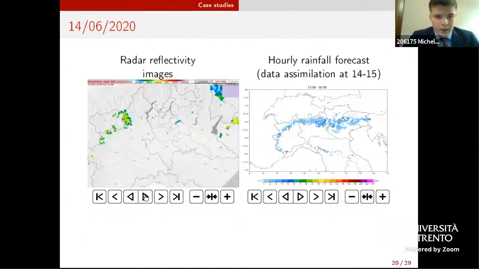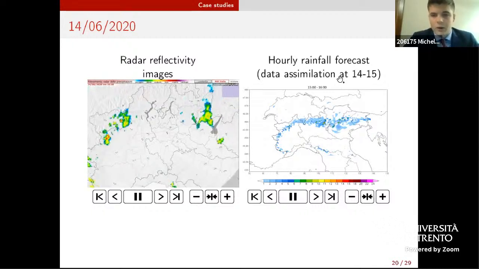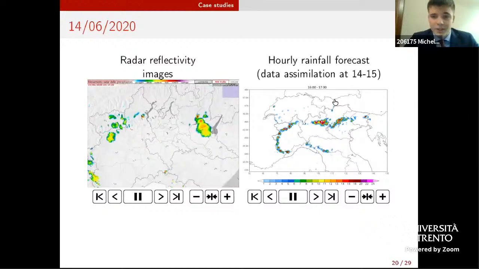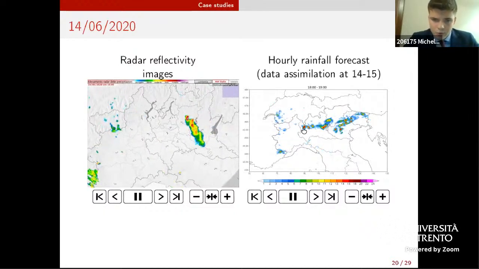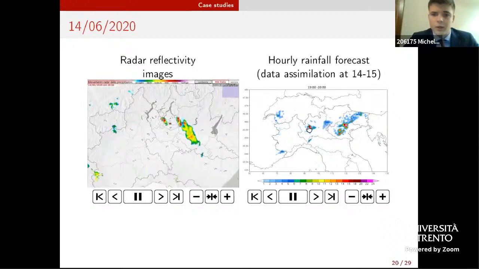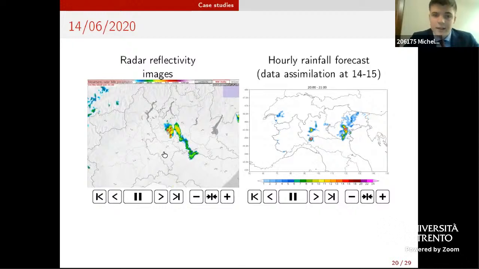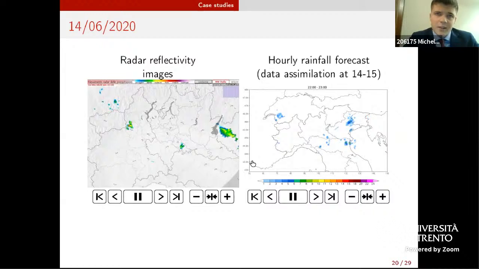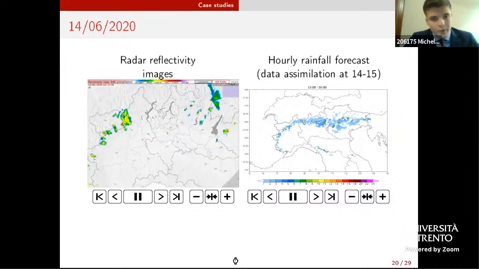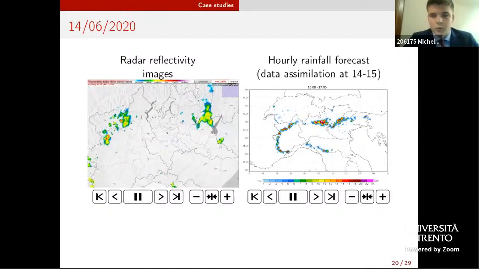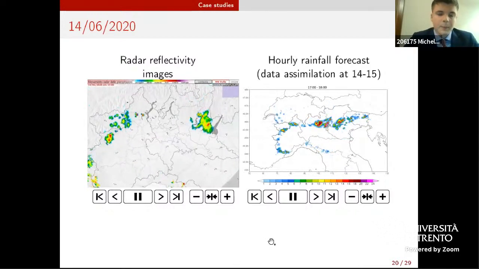If we look at the forecast using the 4D VAR technique, assimilating all the data available both at 14 and 15 o'clock, we can see that now the model is able to capture also the generation of the two storm nuclei close to the Lake of Como and the subsequent movement southwards, similarly to what we observed from the radar, even though the model is anticipating the event by 1-2 hours. Anyway, it is an improvement compared to the prediction of the model without data assimilation.